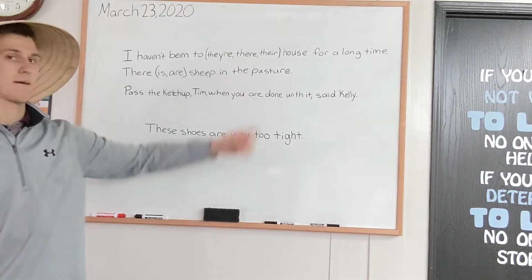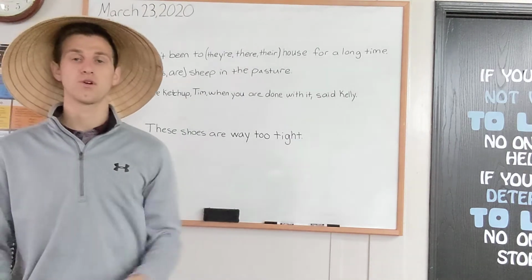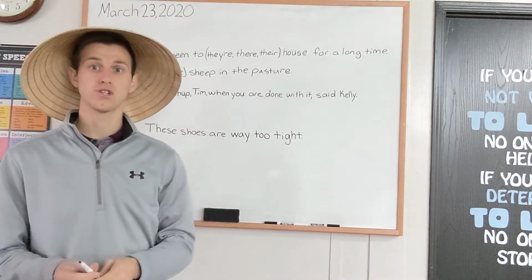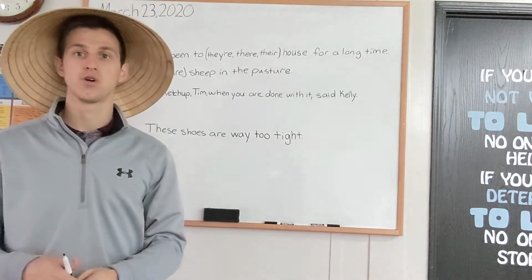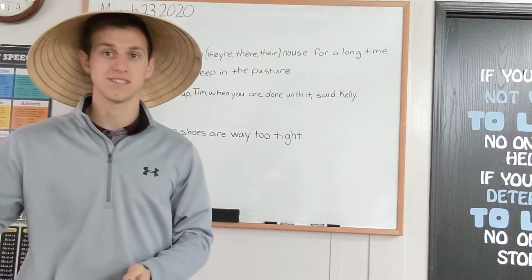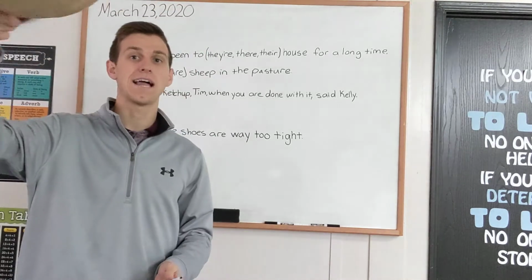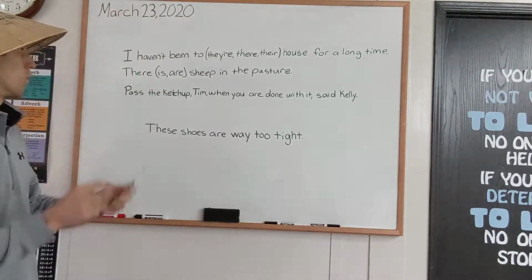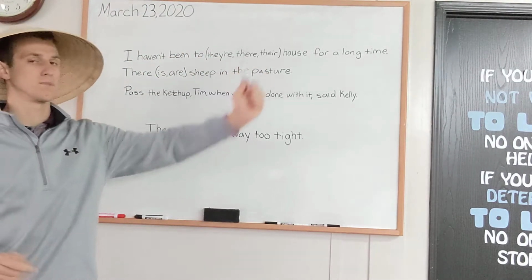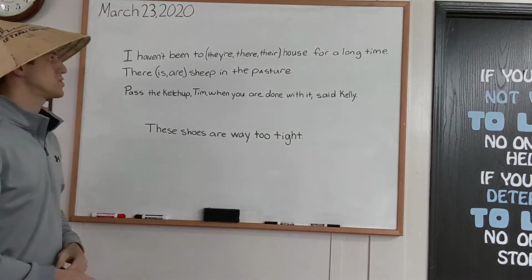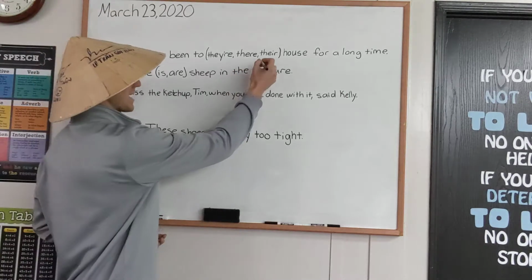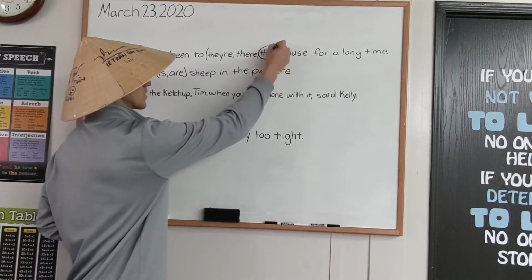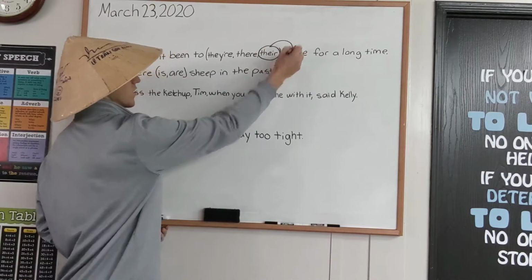This is the there that means a place. We're going to go there for lunch. And this last their shows possession, ownership. This is their hat, all right? So which one of these would complete our sentence? I haven't been to their house for a long time, right? It would be our last one, which shows ownership, their house, all right?